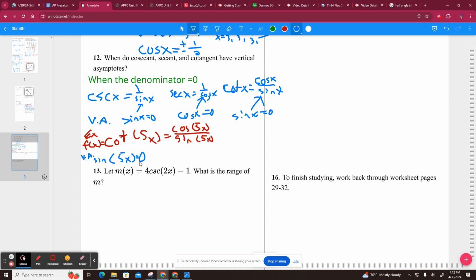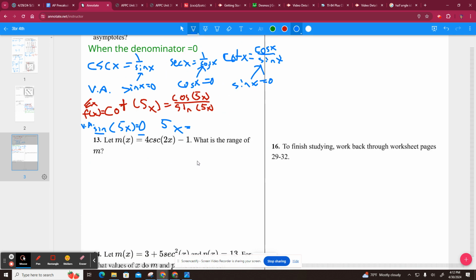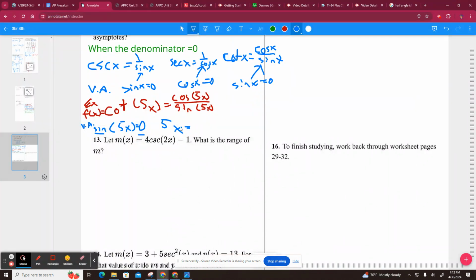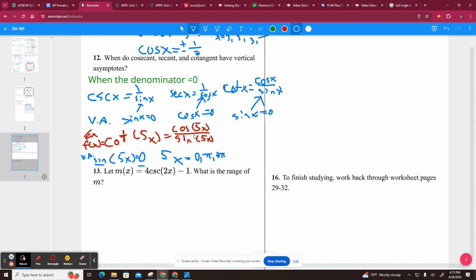And to solve this, to get the 5x by itself, I'm looking for when sine is equal to 0. And on my unit circle, sine is 0 at 0, pi, and 2 pi. So these are just some of the vertical asymptotes, but these are going to be the main ones that you're asked about.